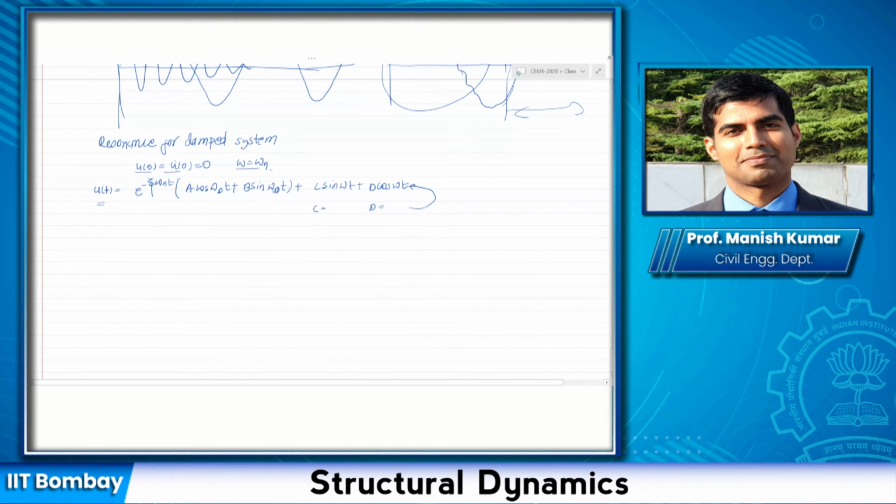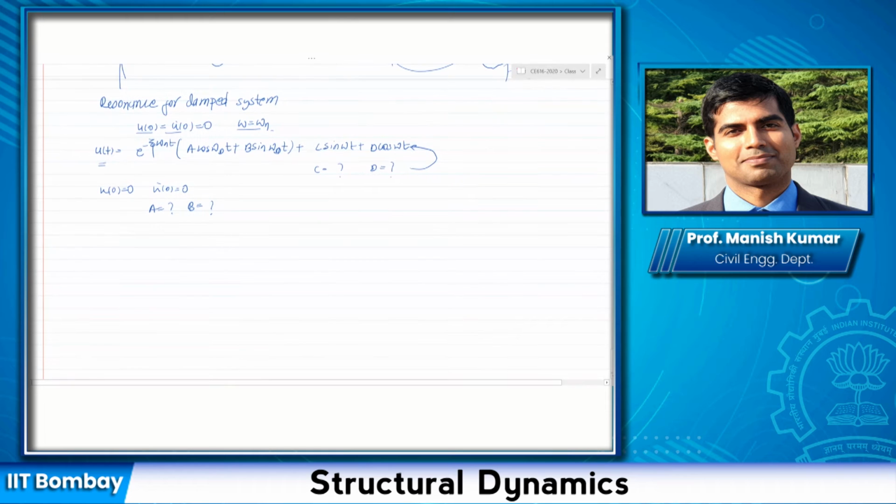Then you find out corresponding to u0 equal to 0 and u dot equal to 0, what are the values of A and what are the values of B. Okay. Once you have that, substitute it back to this equation and then give me the expression for u of t. Can you do that for me? Go ahead, take 4-5 minutes and then do that and get the expression for u of t. And this would be the response for the resonance.